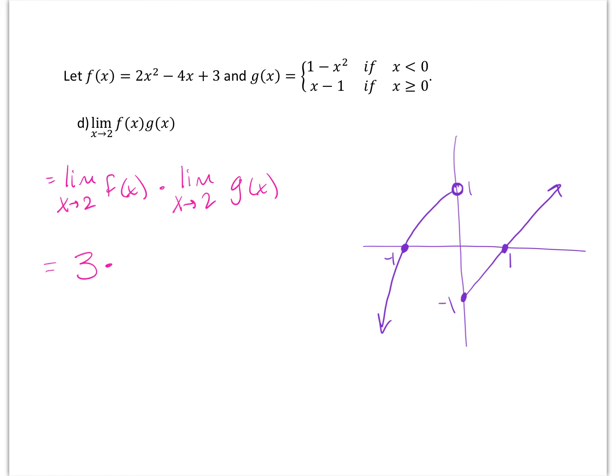And then my limit as x approaches 2 of g of x. So let's see, here's x equals 2. Put a little ant. I might have to make this a little bit bigger.